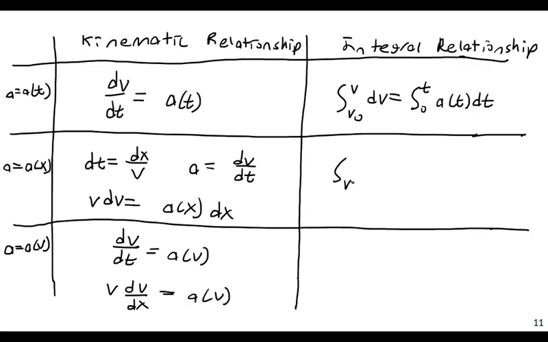And the integral from v naught to v of v dv, so I'm basically integrating both sides of these, will be the integral from x naught to x of a of x dx. So I just want to create this big table of integrals, and then we can use these later on. And then maybe I can break this down and do a bit of integration for each of these.